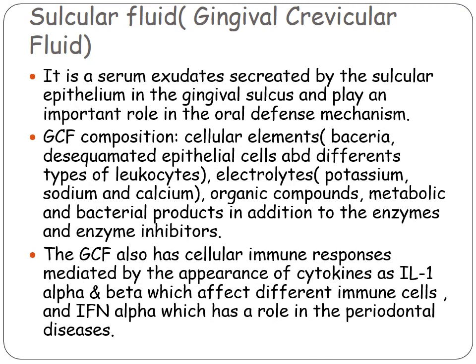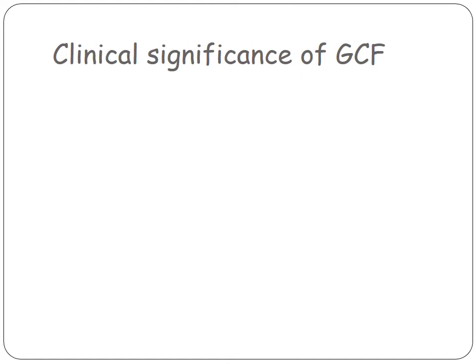It also has a cellular immune response, which is mediated by the appearance of inflammatory cytokines such as interleukin-1 alpha and beta, which can affect different immune cells, either activating or downregulating them, in addition to alpha interferon, which has a role in the diseases.